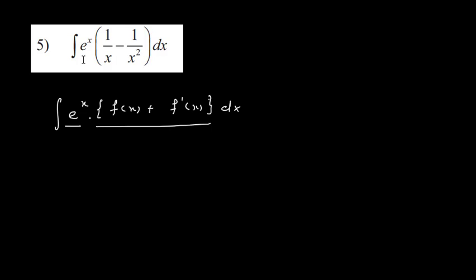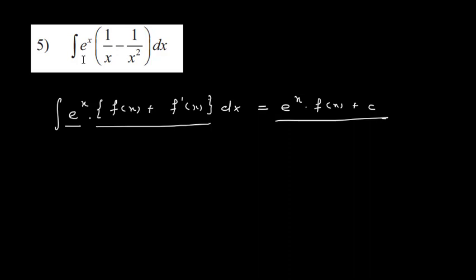When this is there, then you can simply write this as e power x into fx plus c. So whenever you encounter such kind of problem where e power x is there and there are two terms, then check if one term is the derivative of the other term or not. If you get one term as derivative of the other term, then you will simply say that it is e power x into f of x plus c.